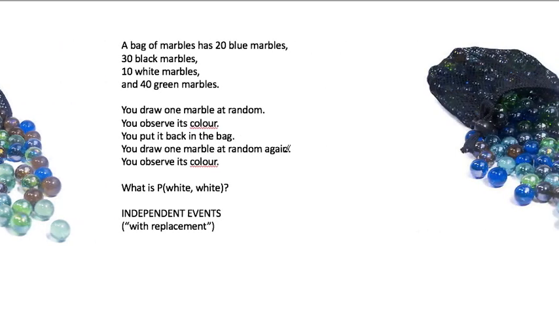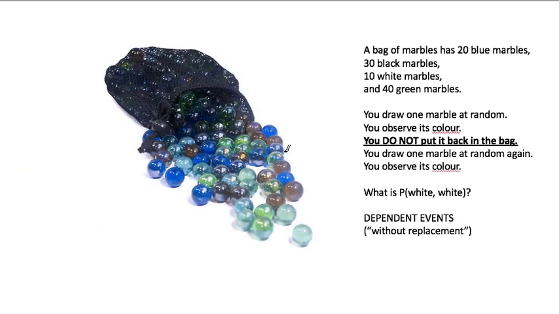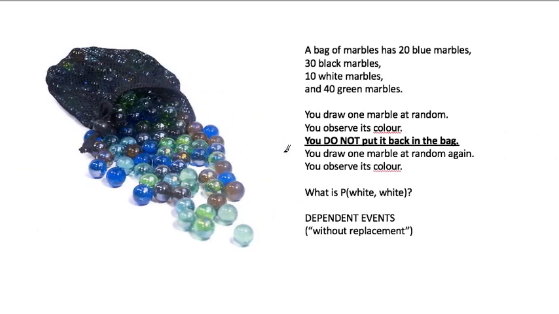If you're dealing with dependent events, that means the second step is affected by what happened in the first step, then it's not quite the same. See, I still start out in my first step with a bag of 100 marbles. And when I draw one marble out, I look at its color. If I do not put it back in the bag, if I don't replace it, then for the second time when I draw a marble, there aren't 100 marbles in the bag. There's 99 marbles in the bag.